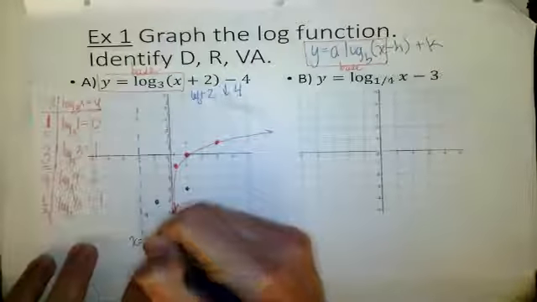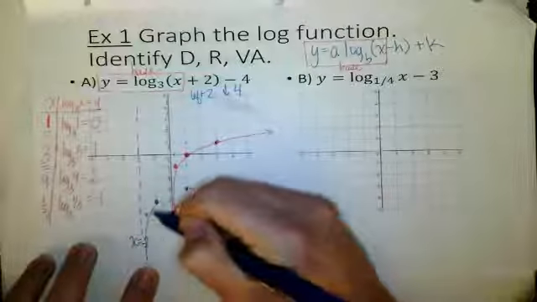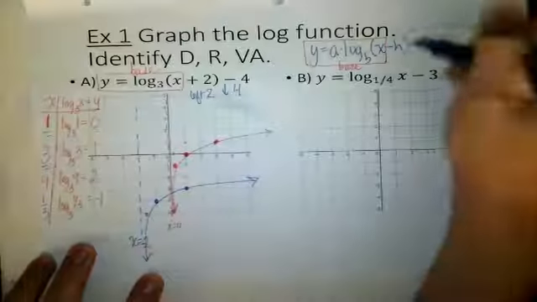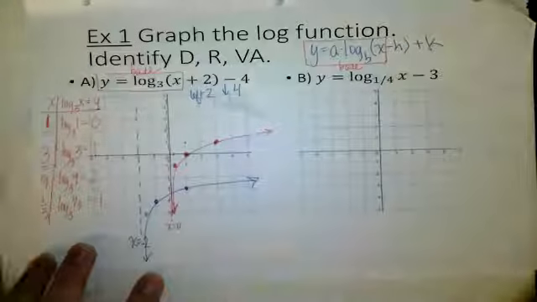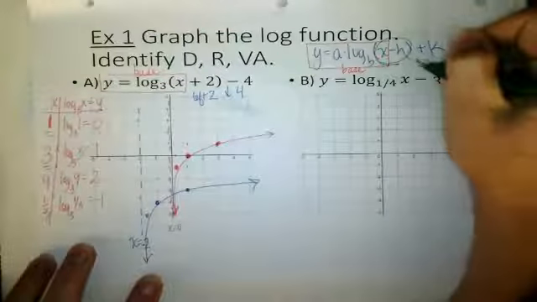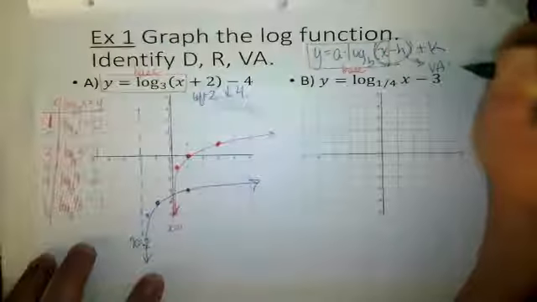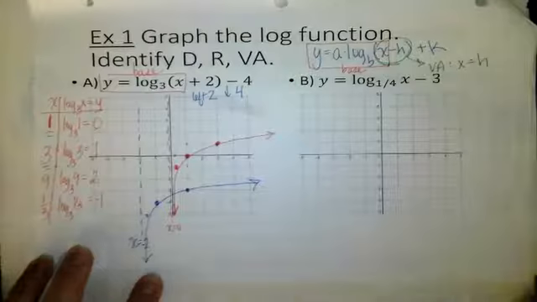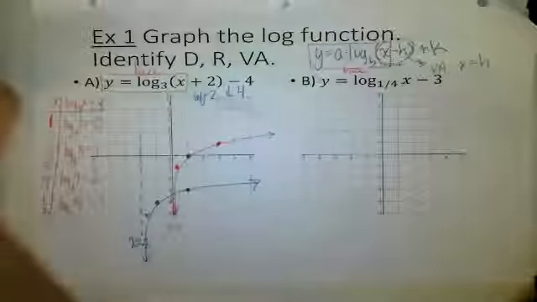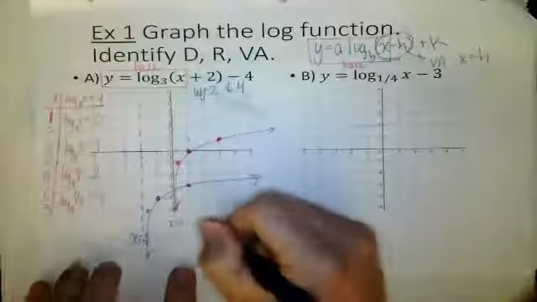So it turns out that this inside piece here, whatever is with x, that is going to determine your vertical asymptote. X equals h. So if you solve that equation, x minus h equals 0, that's going to give you your vertical asymptote. Always, always.